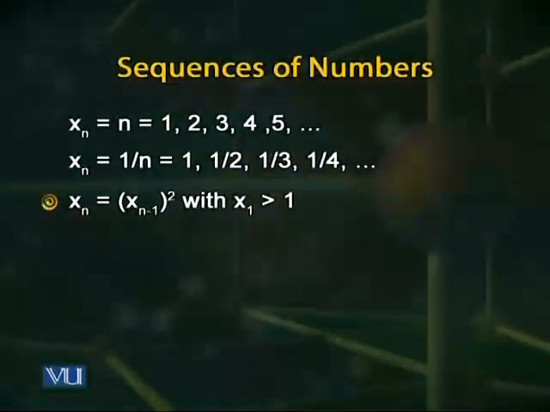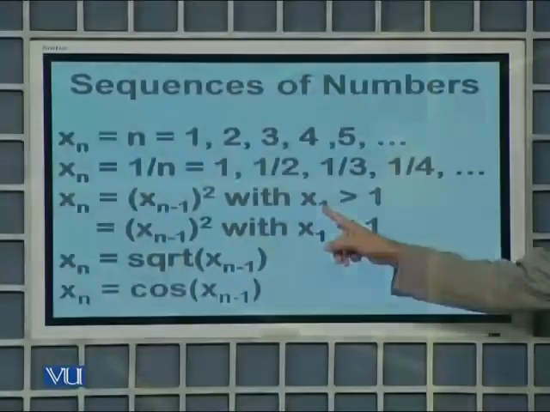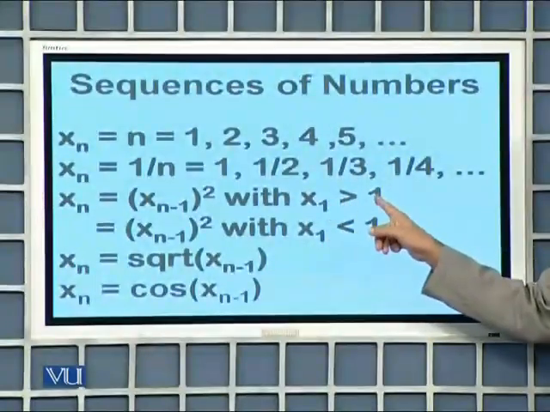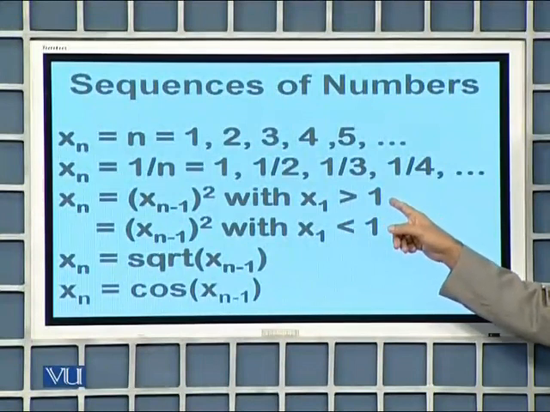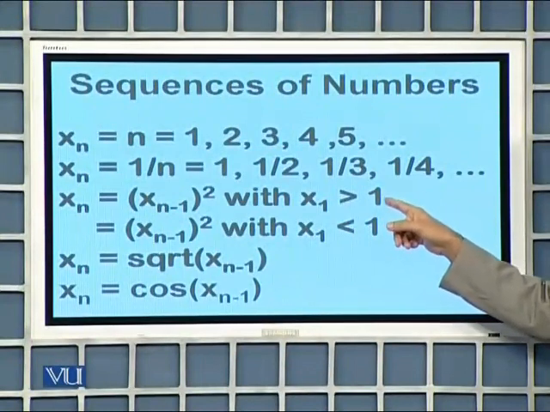Here, this sequence is defined recursively. xn is equal to the square of the previous number, xn minus 1. So if you define this in this recursive manner, you have to give a starting value. If x1, the starting value, is larger than 1, then x2 will be the square of this number, which is larger than 1, and larger than this number.